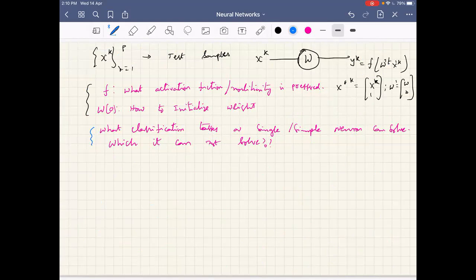Let us create a hypothetical case wherein I have two features, x1 and x2, and 4 samples: sample 1, sample 2, sample 3, sample 4. Assume the output comes from the AND operation between x1 and x2. Let x1 and x2 be binary features, and y equal to x1 AND x2.